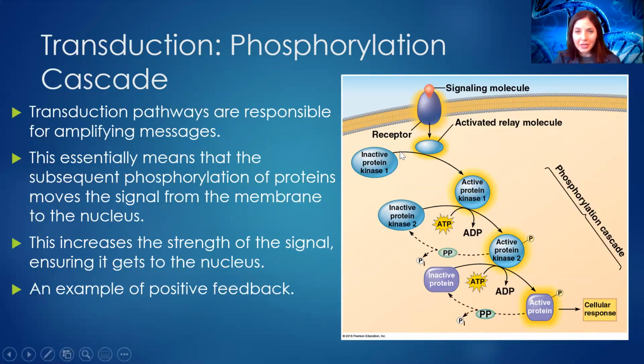That cyclic AMP then might activate a protein kinase, which then activates another protein kinase. And if you notice, each time one of these is activated, we're utilizing that energy from a high energy phosphate bond in ATP. So that's how we're getting that transfer of energy. Eventually, this cascade is going to elicit a cellular response.